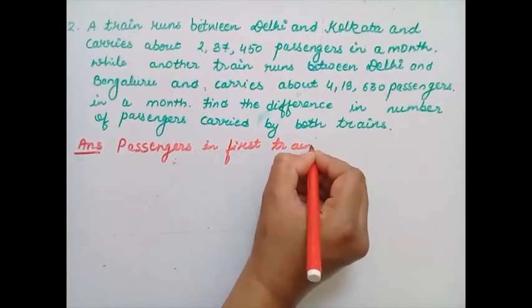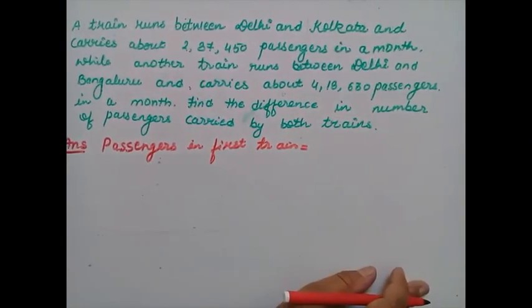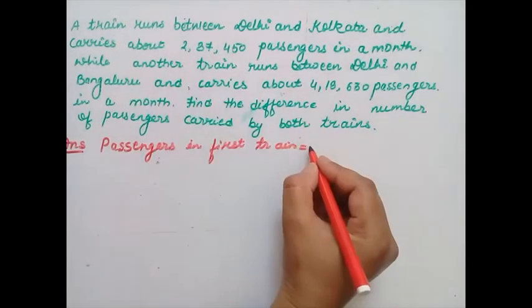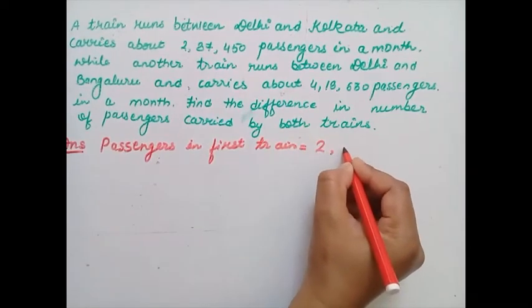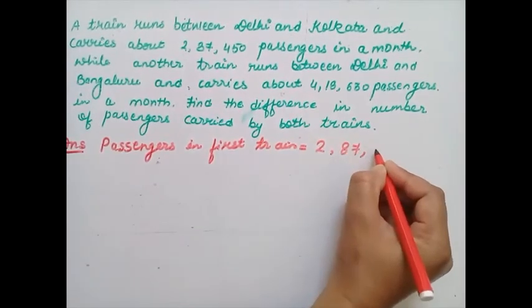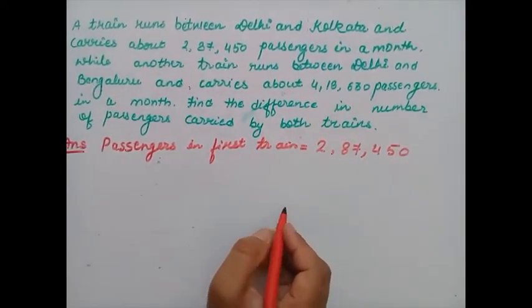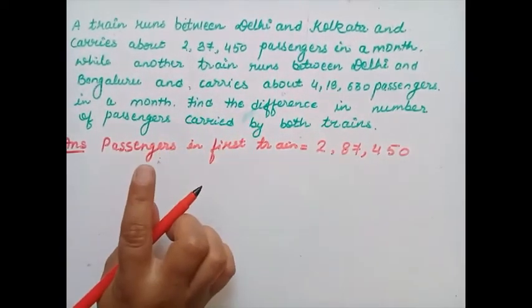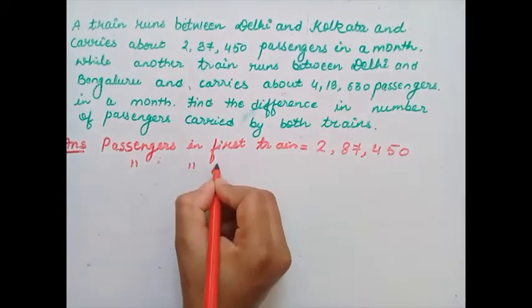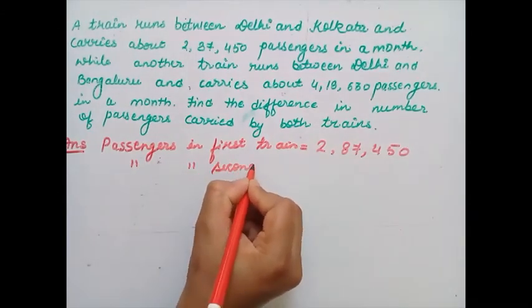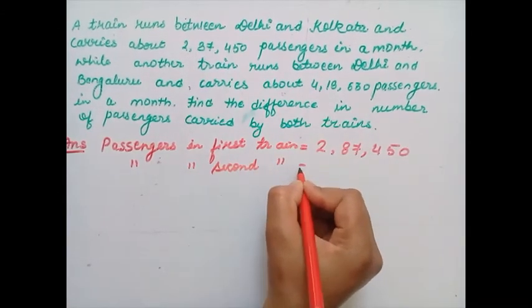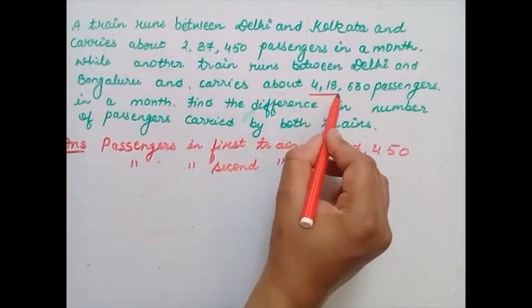So how many passengers are there in the first train? So there are 2 lakh. Give proper space, 87,450. And next, second train. So passengers in the second train. So how many passengers are there in the second train?